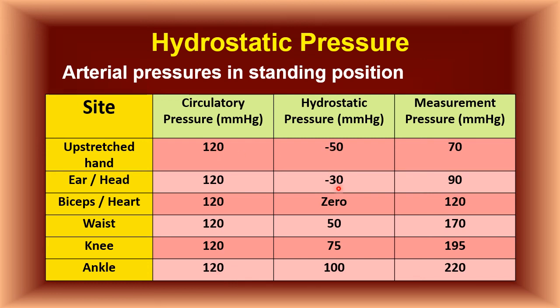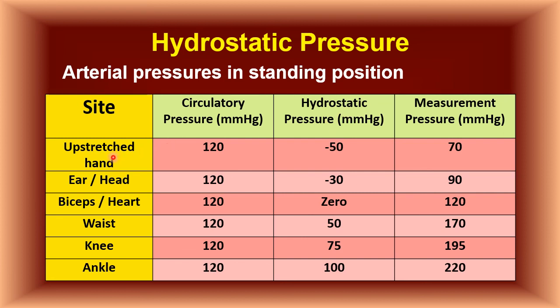And we have the hydrostatic pressure, which is the same as the hydrostatic pressure in the veins. It doesn't change with arteries or veins. Then we have the total, measured pressure, the summation of the circulatory pressure and the hydrostatic pressure.